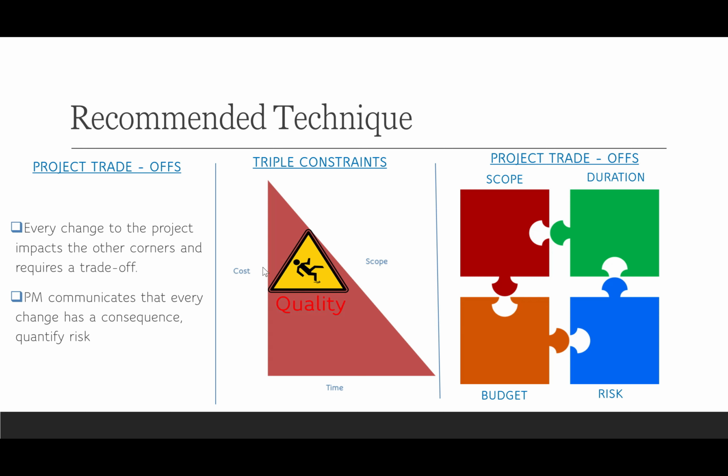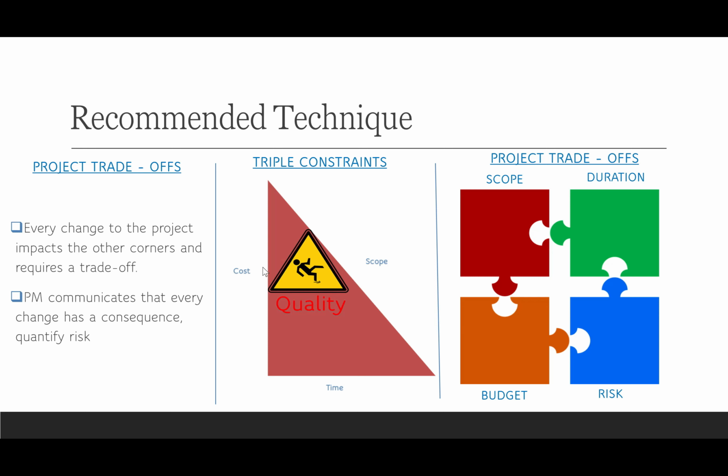Okay, if you want me to add more scope, let's use that as an example, then we're going to need an additional $300,000. If you want to add more scope, then we need to push our project delivery date out by another 2 months. So those are principal trade-offs that you want to make sure that you're encompassing when you're submitting and presenting your change request. Okay.